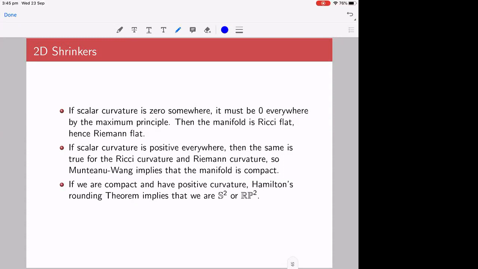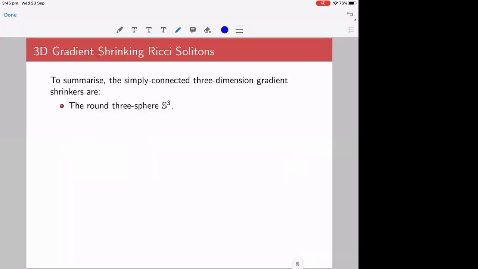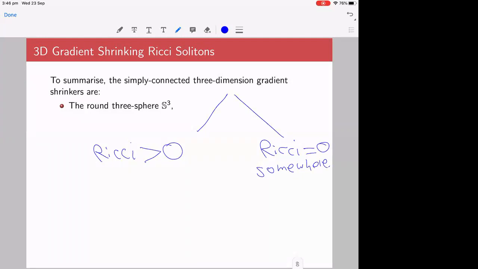Okay, now I think that was all we need to summarize what all of our simply connected three-dimensional gradient shrinkers are. So remember, there are basically two cases here. Well, there are lots of cases here. So the two main cases to treat are, namely, that the Ricci curvature is strictly positive everywhere, or Ricci equals 0 somewhere.